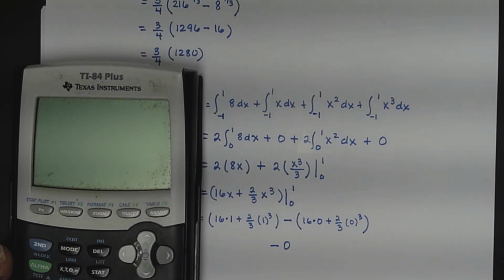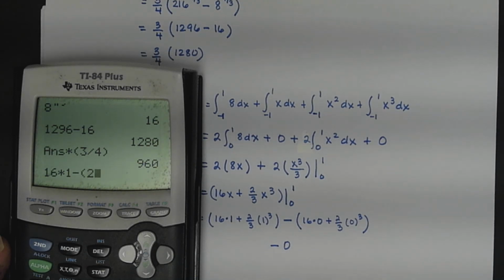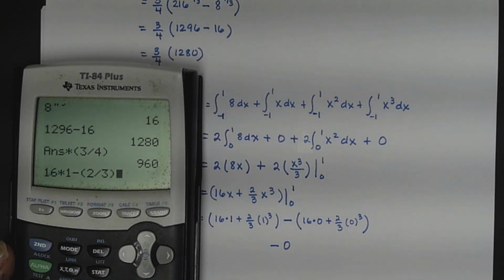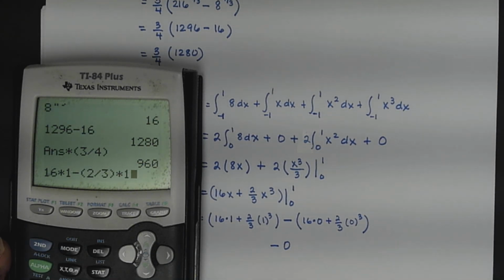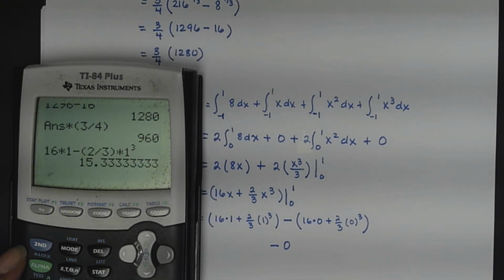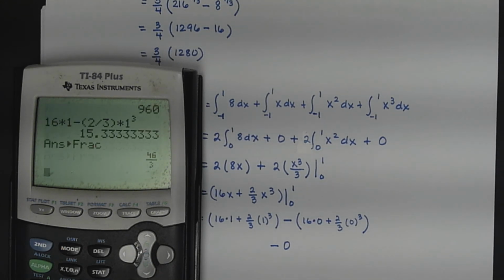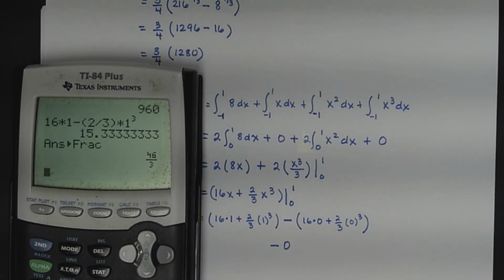Now we need to figure out what this part is going to be. That's 16 times 1 minus, and I'm going to put 2 thirds in parentheses, that's 2 divided by 3 times 1 cubed. Well, we got a decimal, so we need to change that to a fraction, so hit the math key and number 1 for fraction.